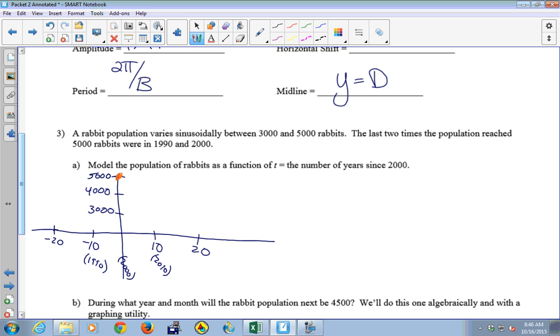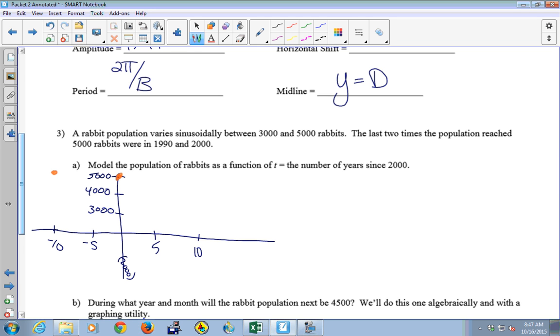I think I might want to change the scale. It's a little small. Put 10 here. So 1990, that's 2000, it was 5,000, and in 1990 it was 5,000.